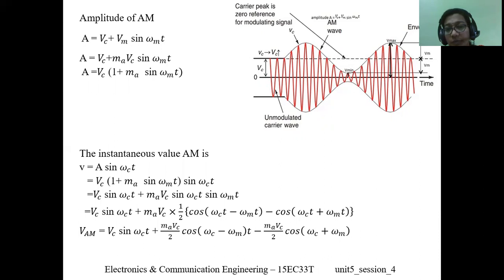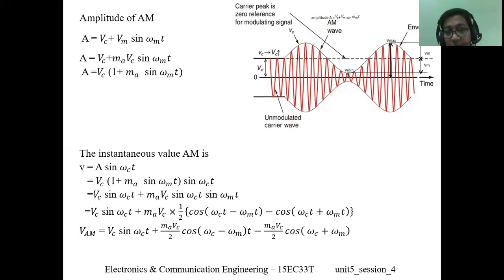The V minimum is the minimum variation, the minimum carrier voltage, and V maximum is where we have the maximum carrier voltage. From this diagram we can observe this is the unmodulated carrier and this is the modulated carrier, because the carrier amplitude is varying.